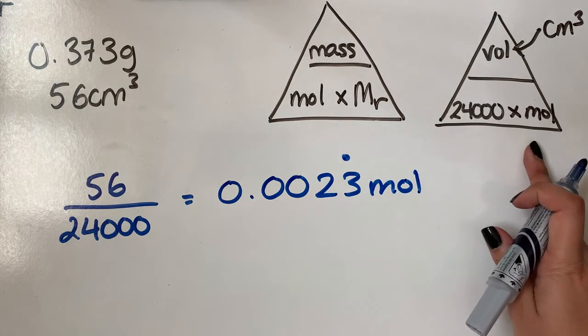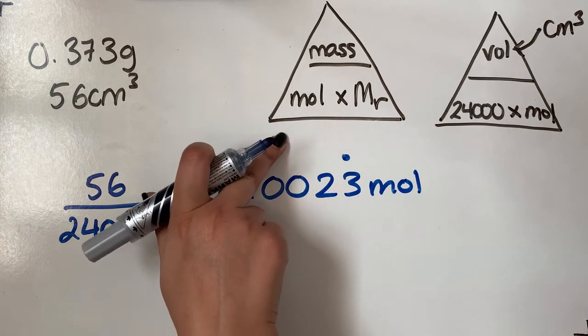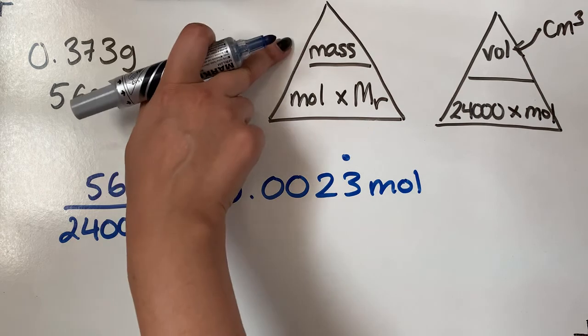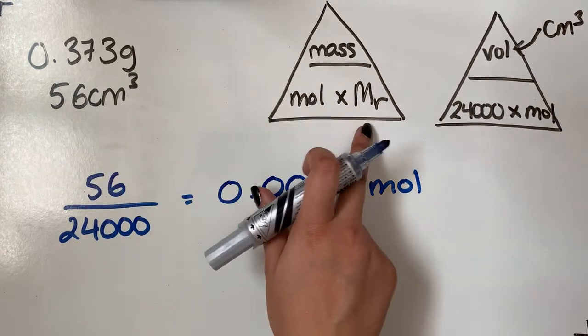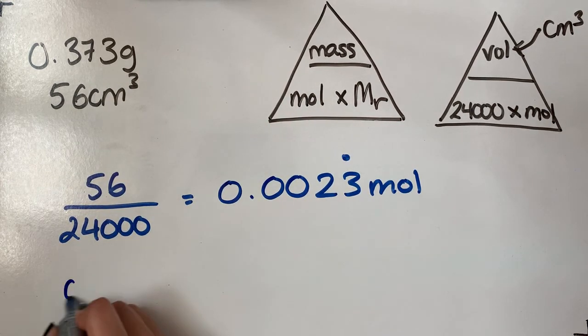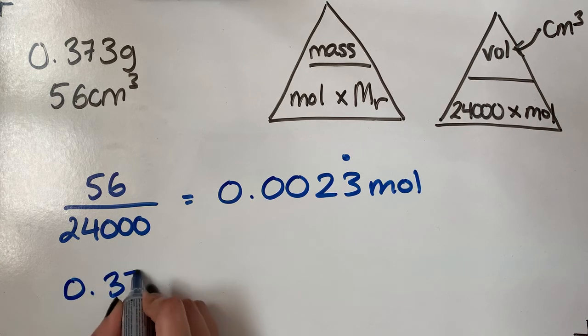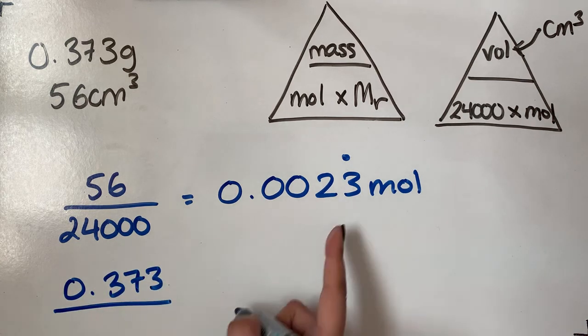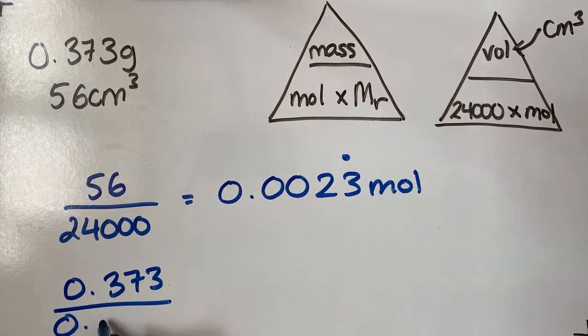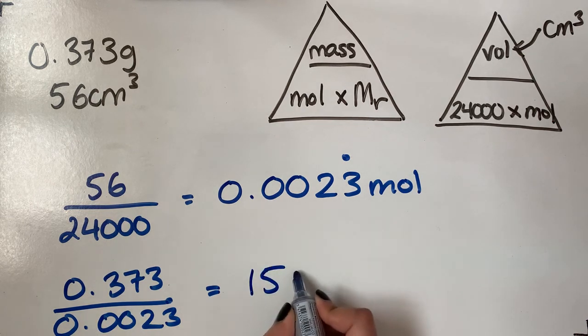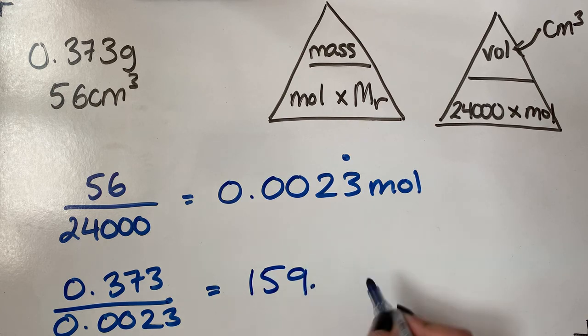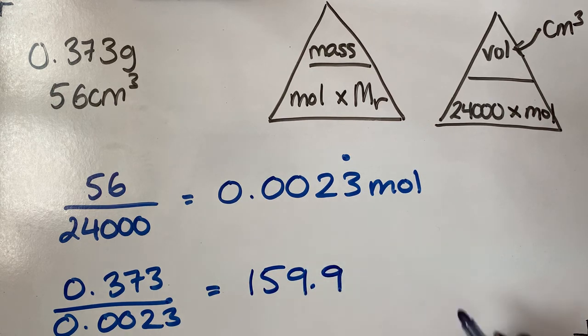So we worked out the moles, which means we can use that in this equation here. We've got the mass, and we've got the moles, so we can work out the Mr. So we're going to do mass, which is 0.373, divided by the moles we've just calculated, 0.0023 recurring, and that gives us an answer of 159.9 if I round that.